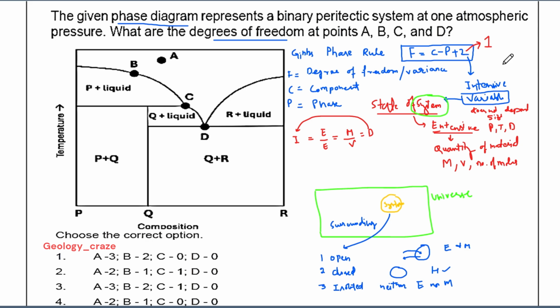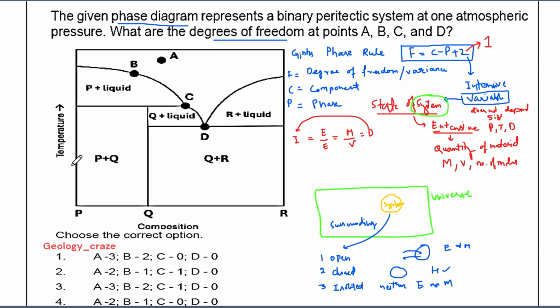In that case we use F is equal to C minus P plus 1, instead of F is equal to C minus P plus 2. Now in our question, which formula will we use? F is equal to C minus P plus 2, or F is equal to C minus P plus 1?